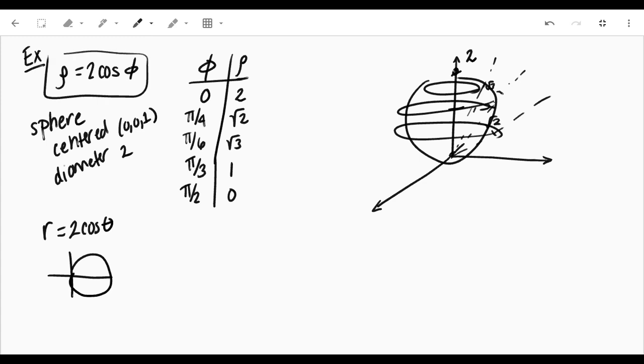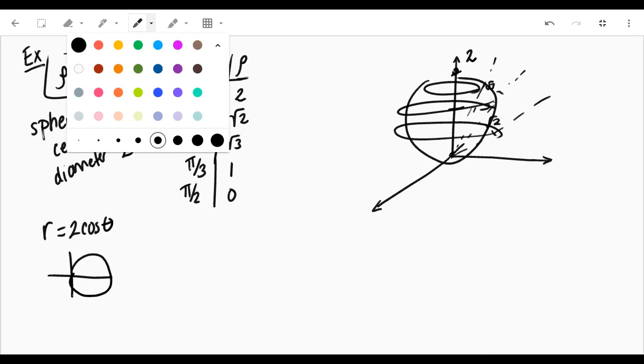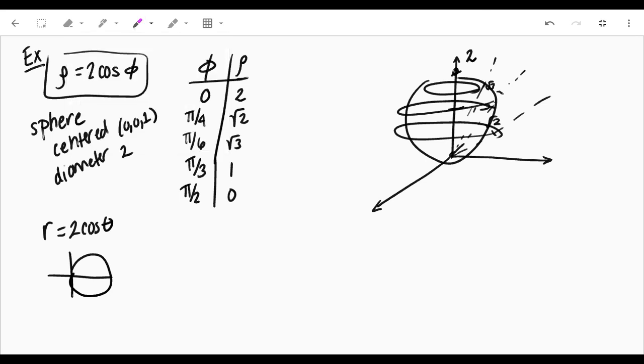We've got rho equals 2 cosine phi. Your little trick here is to multiply both sides by rho. So we'd have rho squared equals 2 rho cosine phi. So x squared plus y squared plus z squared equals 2z. See how fun that is, right?